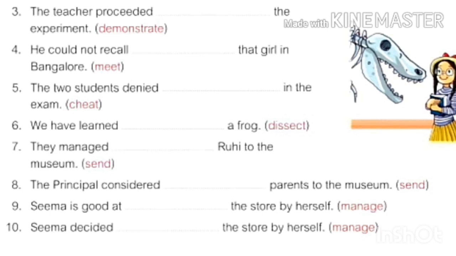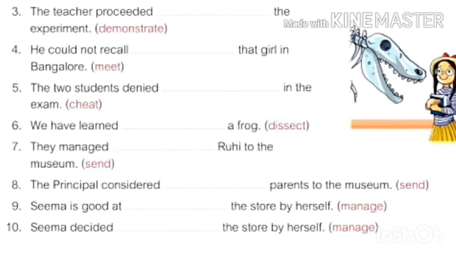So here we will say we have learned to dissect a frog. Then they managed dash Ruhi to the museum. So they managed to send Ruhi to the museum. Eighth, the principal considered dash parents to the museum. In the bracket, send. So considered sending.